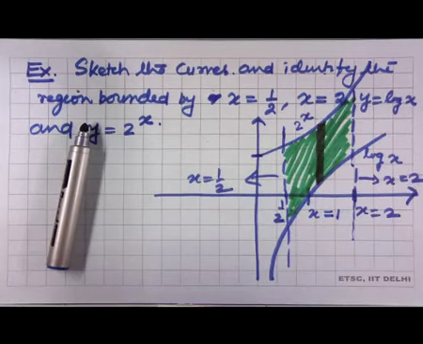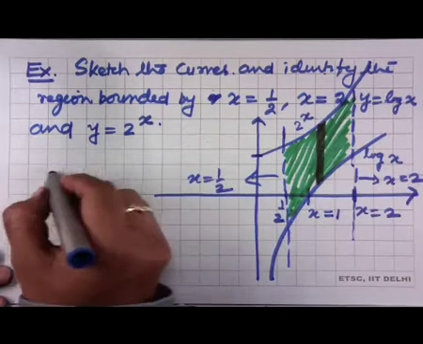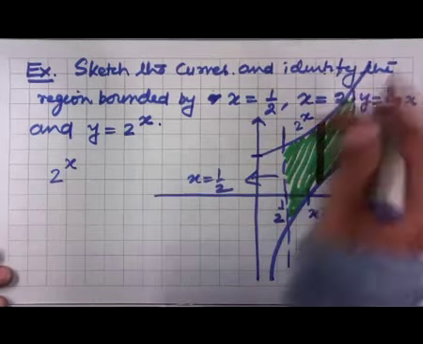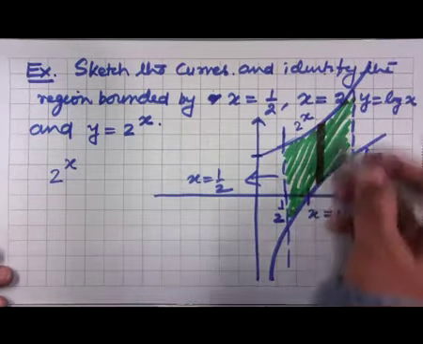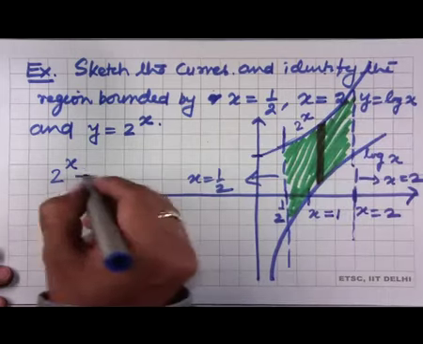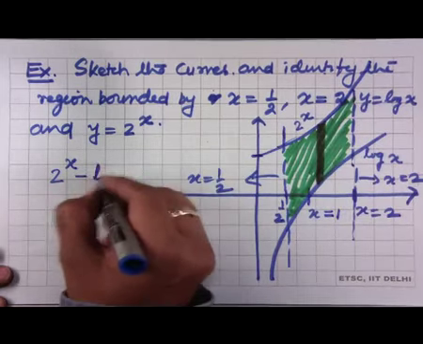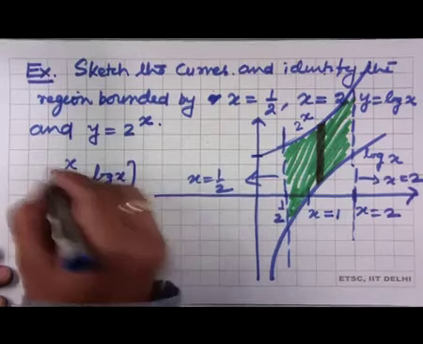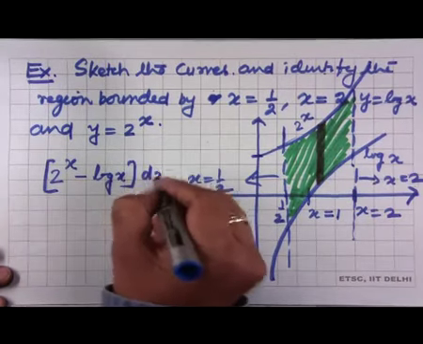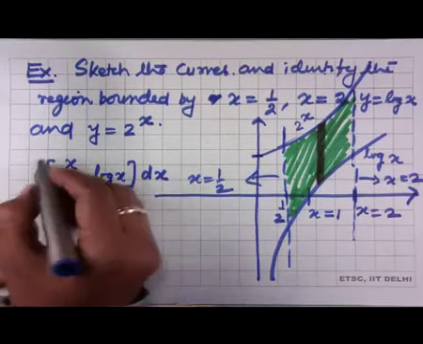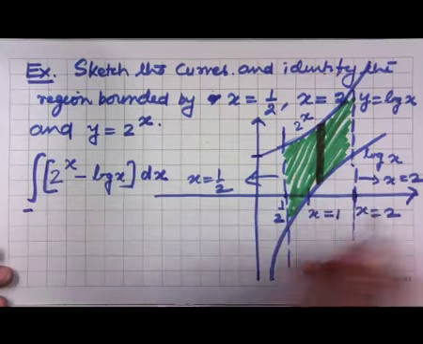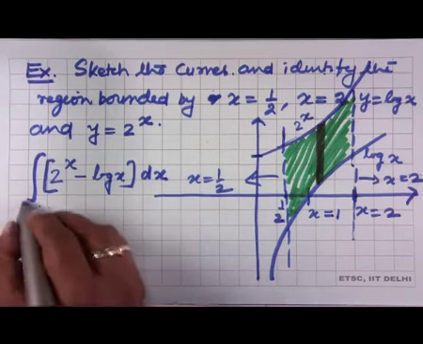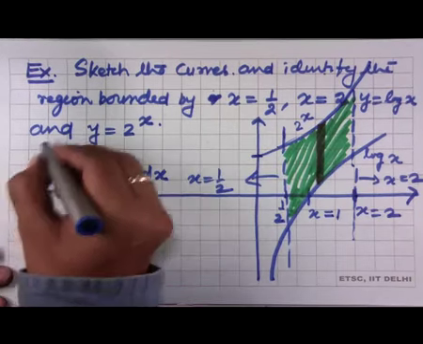To solve this, again you need to define the elementary area. This is your f(x), this is your g(x), so f(x) minus g(x), try to recall the formula, into dx, so 2 to the power x minus log x into dx. Limits of integration will be from the minimum to the maximum value of x, that is from x equals half to x equals 2.